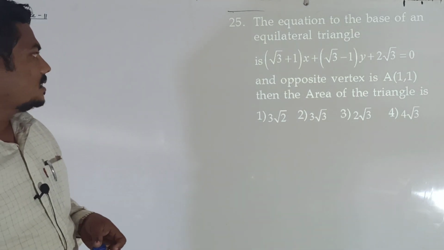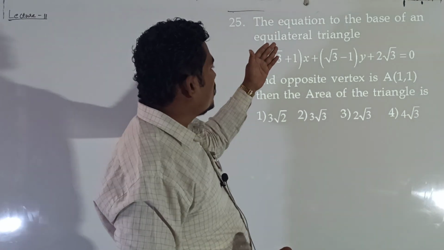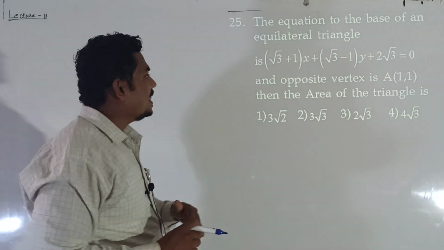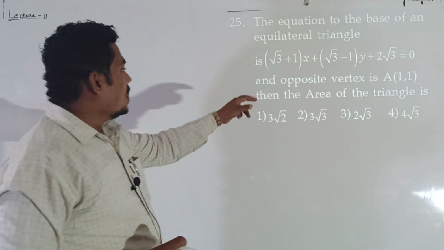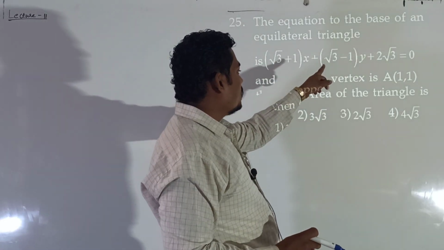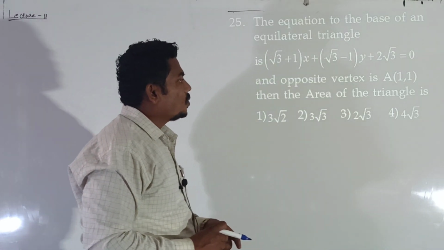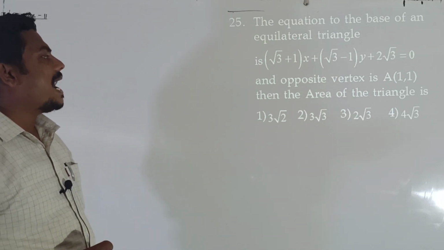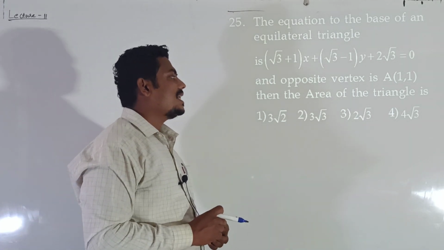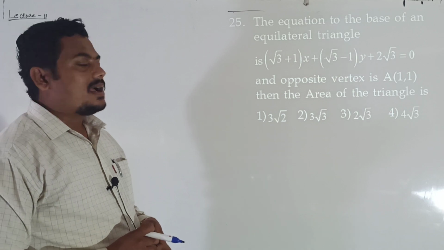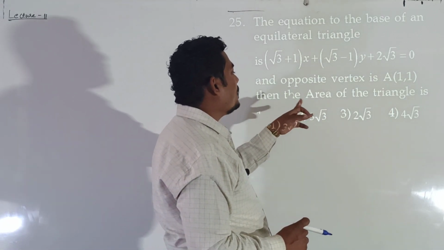Next question. The equation to the base of an equilateral triangle is root 3 plus 1 into x plus root 3 minus 1 into y plus 2 root 3 is equal to 0, and opposite vertex is A of 1 comma 1. Then area of the triangle is.